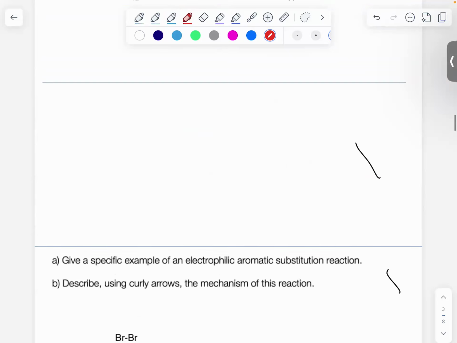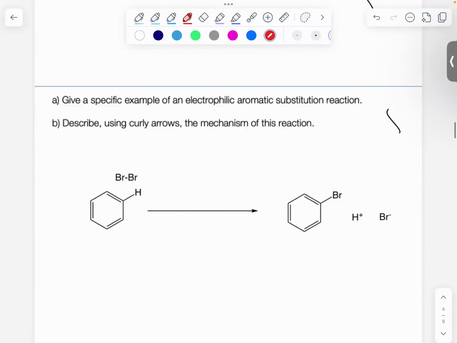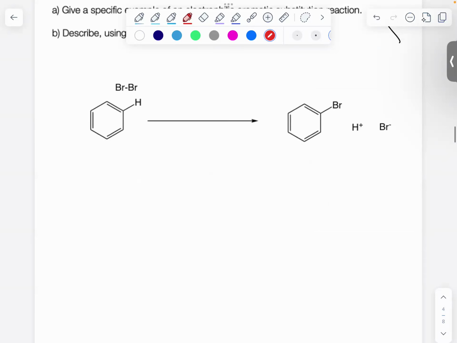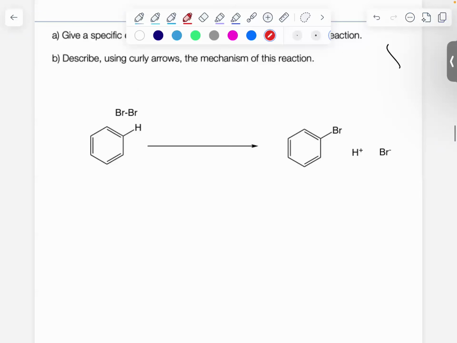So, curly arrows for electrophilic aromatic substitution. Where do I start? That is not where I start with electrophilic aromatic substitution.